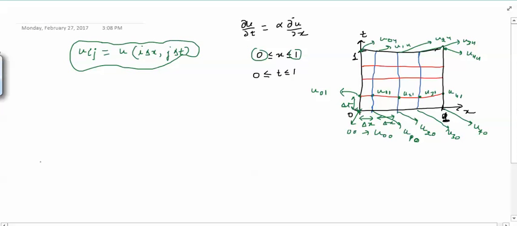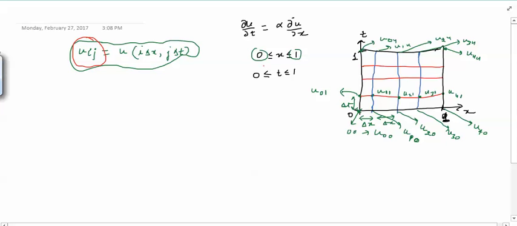So till now, we have divided our domain using grid points, and the number of grid points we can choose according to our necessities. Then we have defined this notation: u i j stands for the value of the solution at the ij-th grid point.